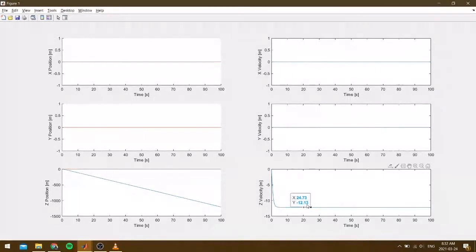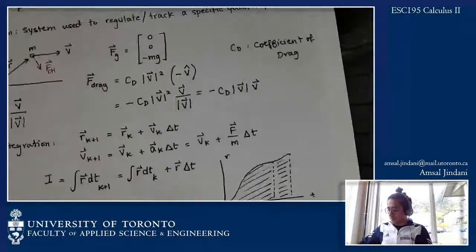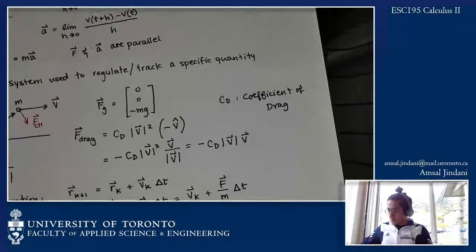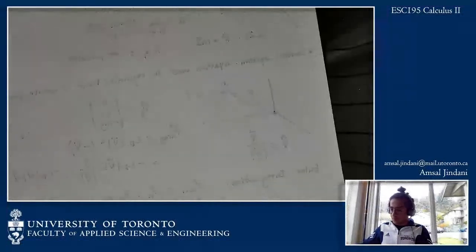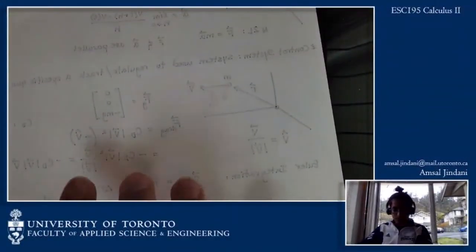So the gravity is working just fine in our simulation, and the aerodynamic drag is also working just fine in our simulation. So now let's actually talk about control. The technique of control that we're going to be implementing today is feedback control.